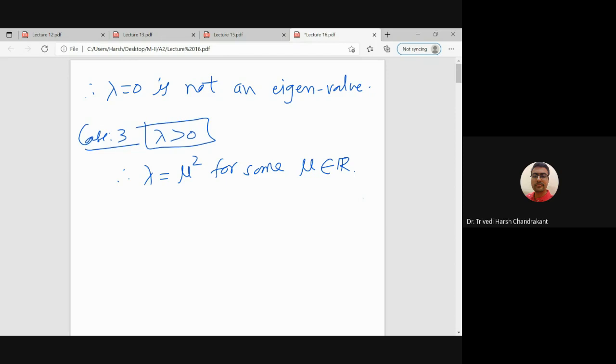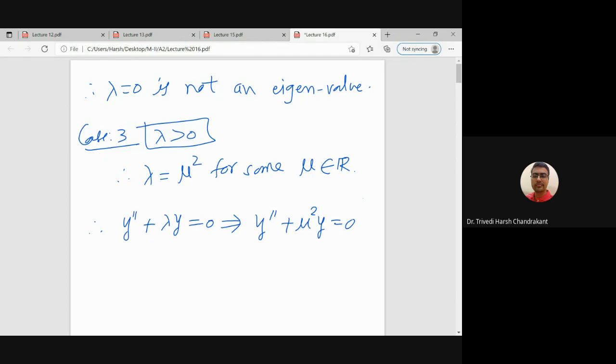Now we substitute this in the differential equation. The differential equation is y double dash plus lambda y equals 0, and we substitute lambda equals mu square. We get this differential equation.